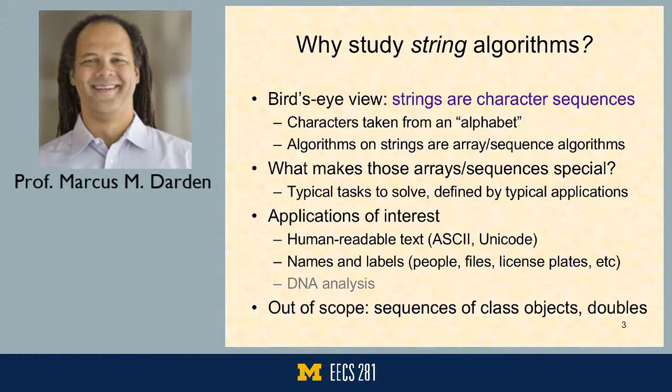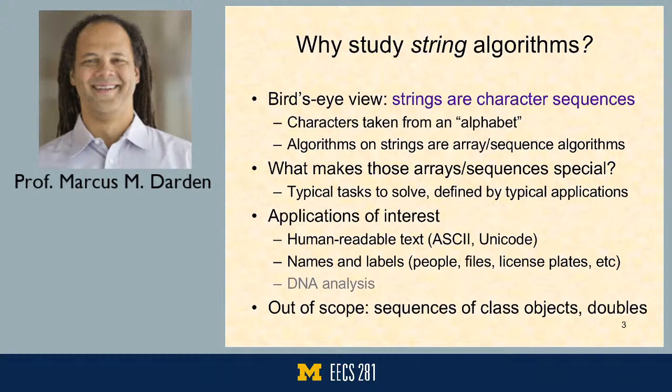So each one of these characters is chosen from some alphabet. One of the things that we use, obviously, is the ASCII character set. We move past that as we add further language support, as we start using Unicode that gives us many different languages. But every language has some set of characters that build that language up.